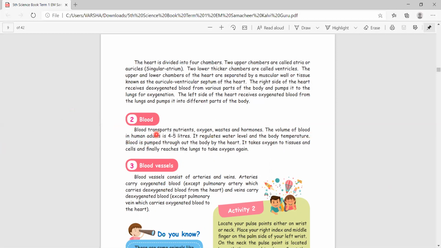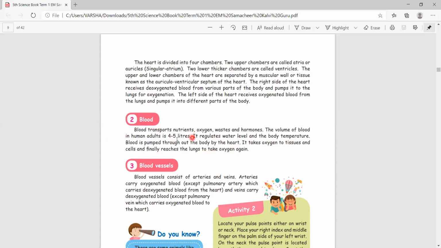the volume in human adults is 4 to 5 liters, and blood regulates the water level and the body temperature. The normal body temperature of the human body is about 99 degrees, and blood is pumped throughout the body by the heart.